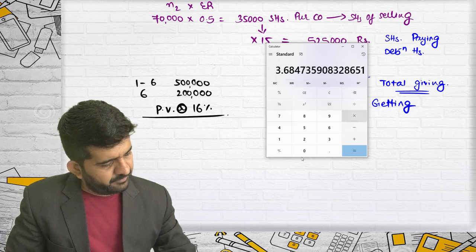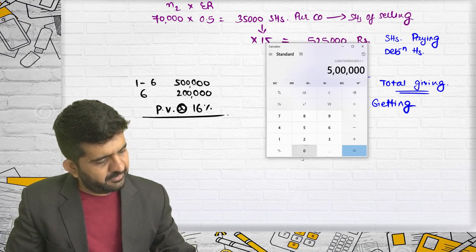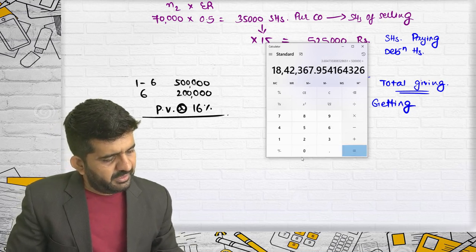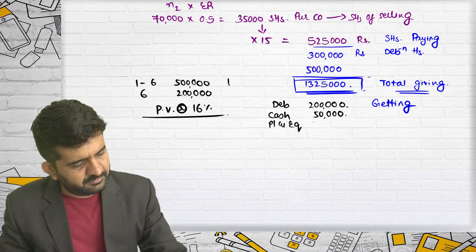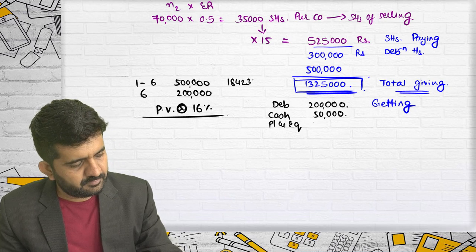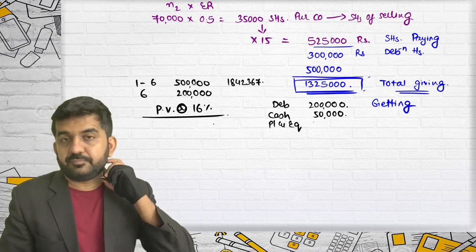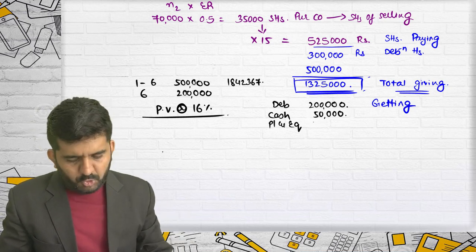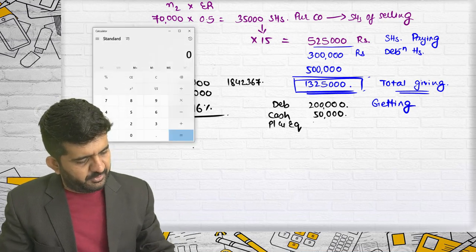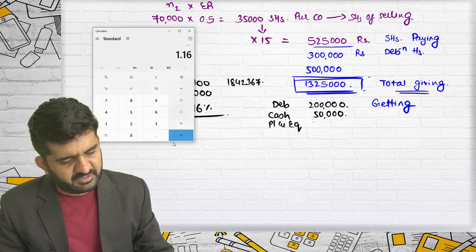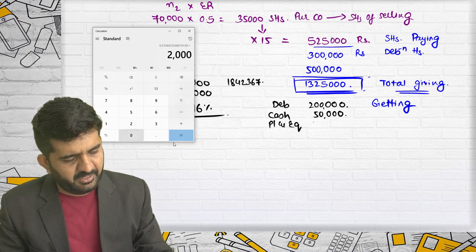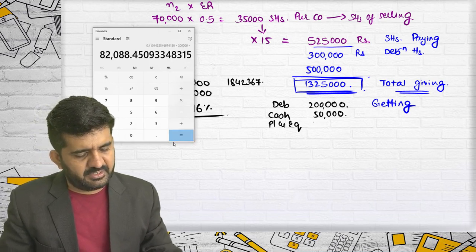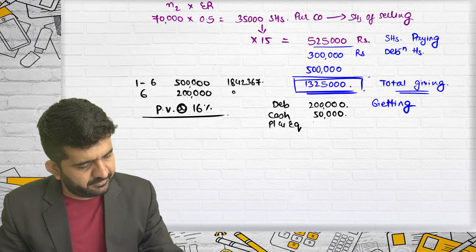MRC multiplied by 5 lakhs will be 18,42,367. Two lakhs, I need to find out the present value. 1 divided by 1.16, 1, 2, 3, 4, 5, 6, multiplied by 2 lakhs is 82,088.